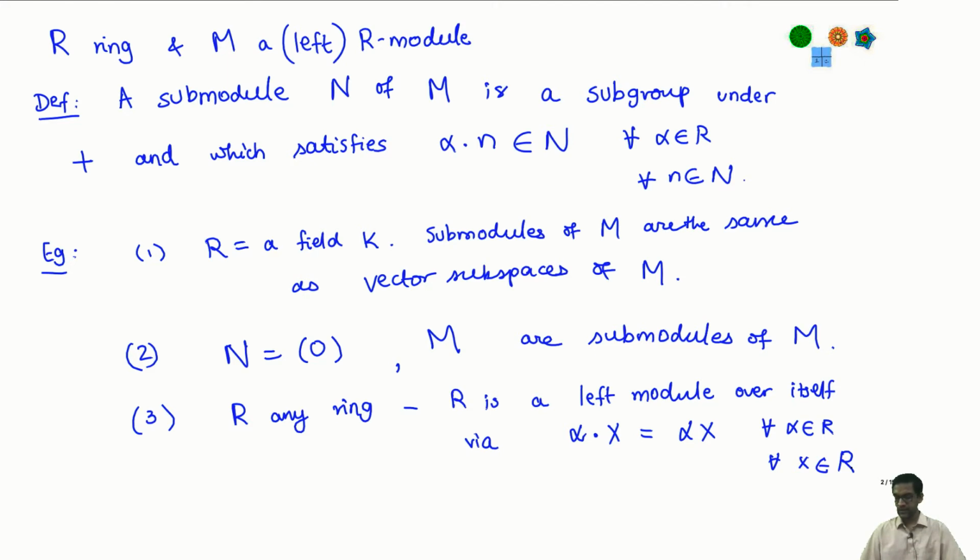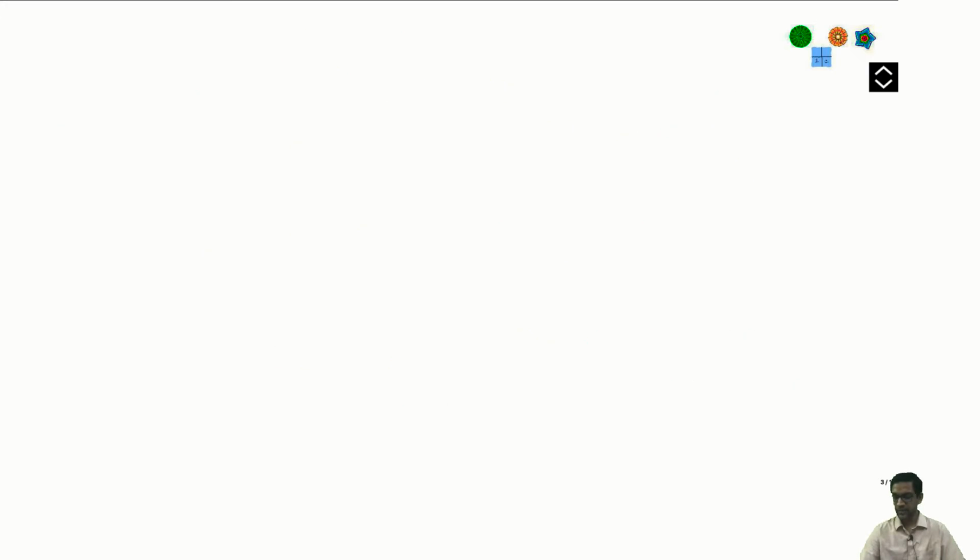So this is the left multiplication action that makes R into a module over itself.